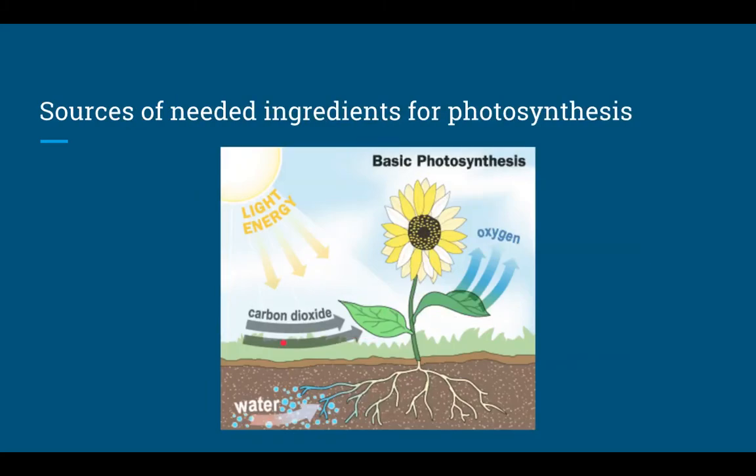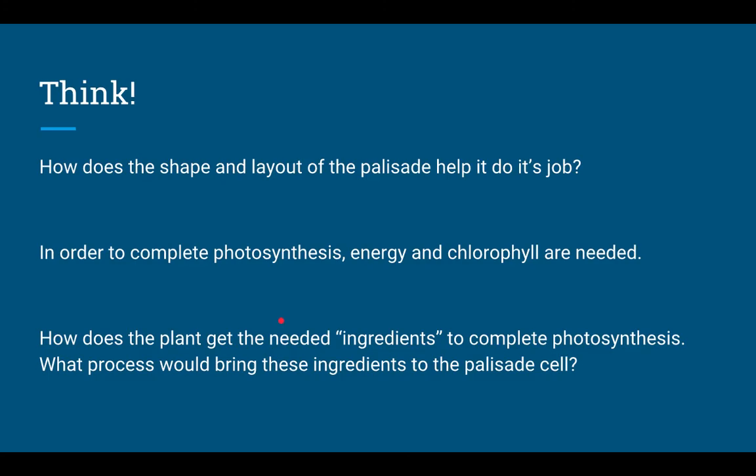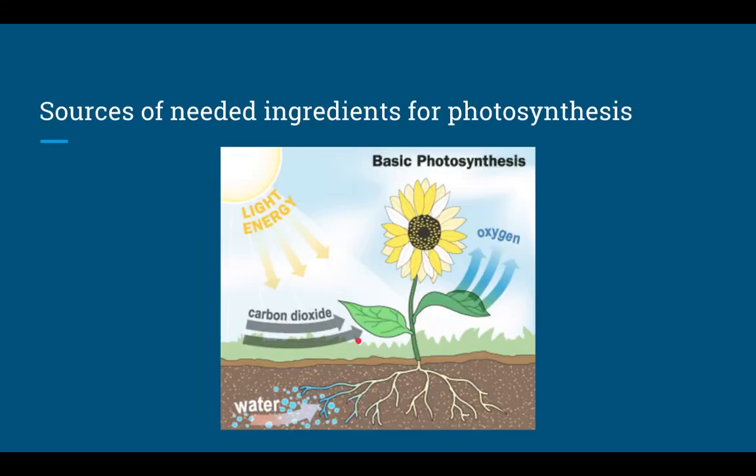This is a picture of where all these ingredients for photosynthesis come from. Carbon dioxide is coming in from the air. We breathe it out. The plants absorb it in through their leaves. They have special structures on different cells of the leaf to take in that carbon dioxide. Higher concentration out here, lower concentration in here.